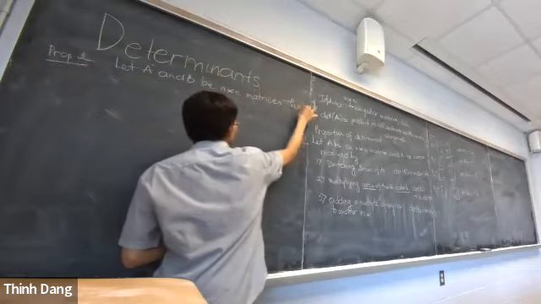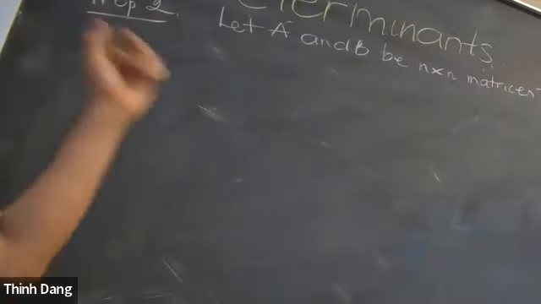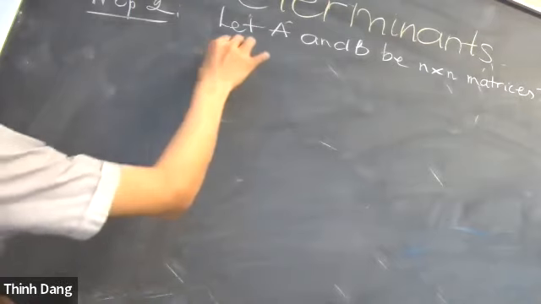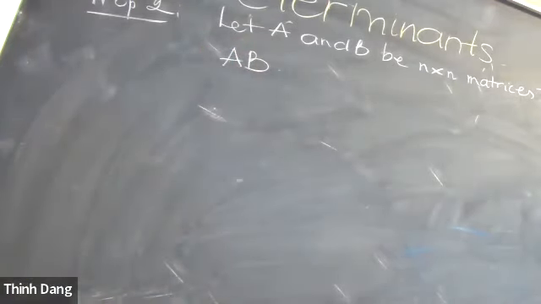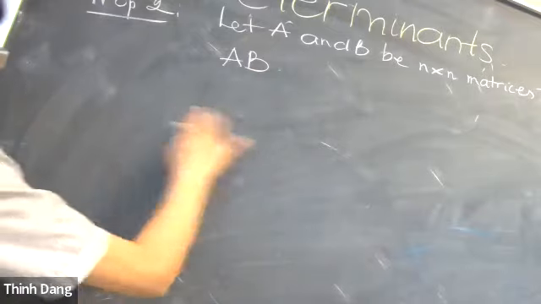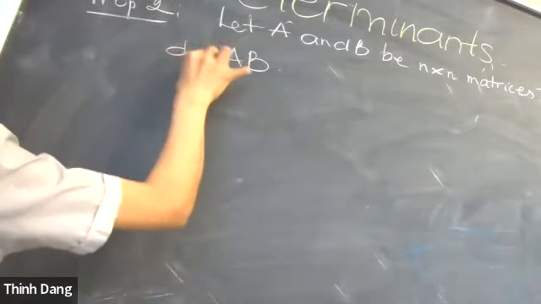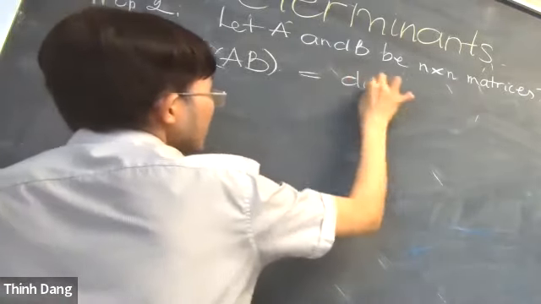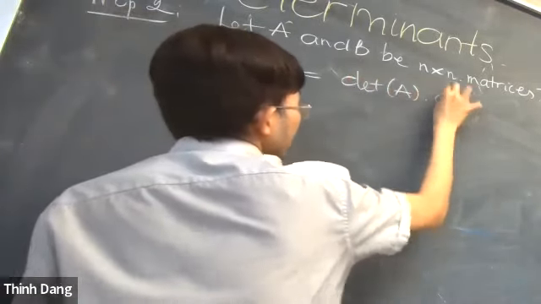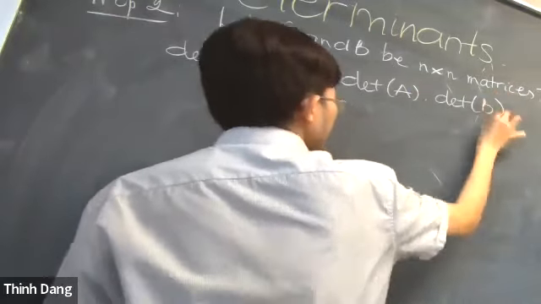Then, because A and B are both n by n matrices, we can perform the multiplication of A and B. And people have been able to show that the determinant of the product AB is equal to the determinant of A multiplied by the determinant of B.